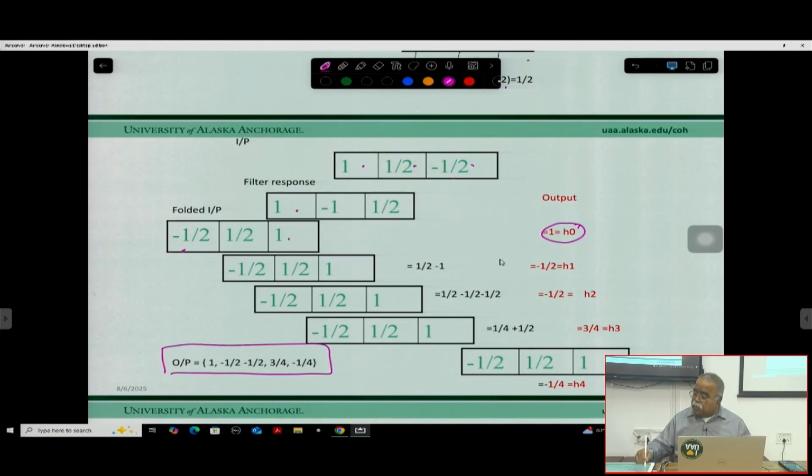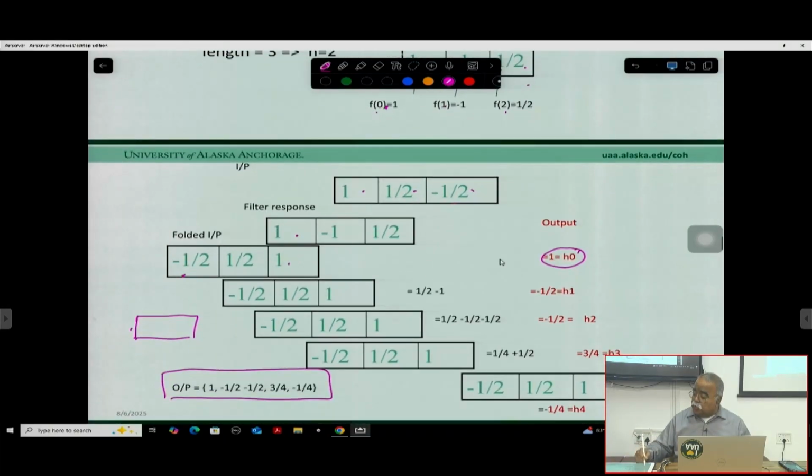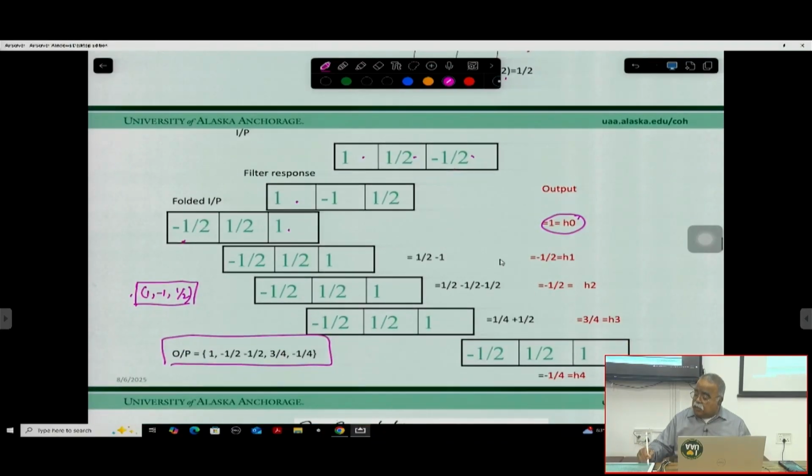So if you have a filter with values 1, -1, 2, 1, -1, and -1.5, and you give the input function as 1, half, and -half, then your output will be this one, right? So that will be the output.